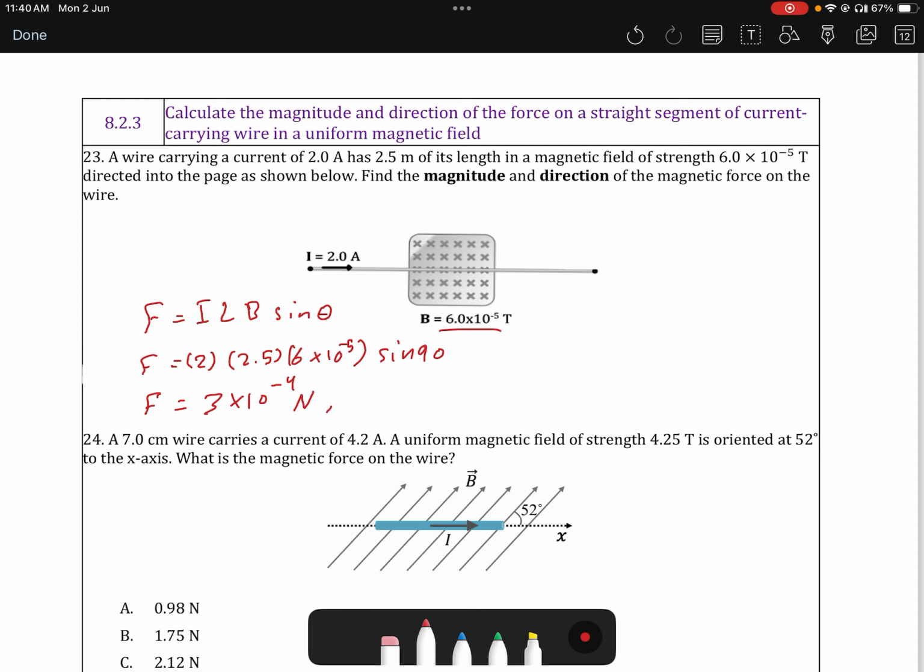For the direction, use your right hand rule, thumb with the current, index with the magnetic field. Thumb to the right, index into the page, the force will be upward.